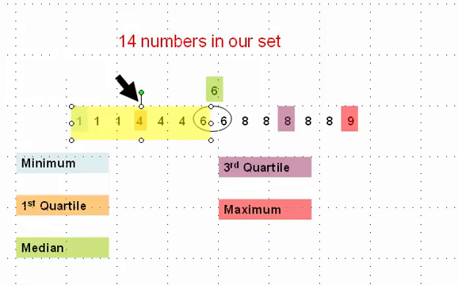The median, everything to the left of the median, is half of the data set. There are 7 numbers in there. 7 divided by 14 is 50%. The median is 2 quartiles added together. So 50% of our numbers are to the left of the median now. Now, our third quartile, he'll be 75%.